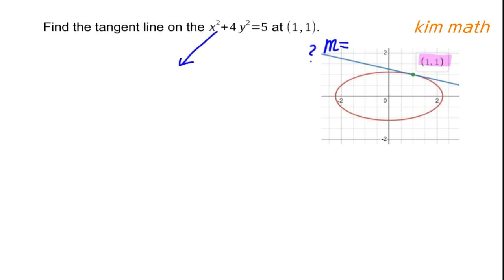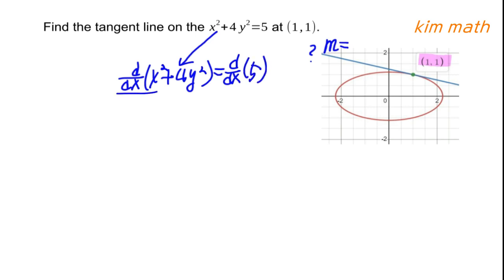So here, d/dx of x squared plus 4y squared equals d/dx of 5. Okay, first part, they have the same variable, so just 2x, right? Second part, different variable. In this case, find the derivative with respect to that variable and multiply by dy/dx, or y prime, right?